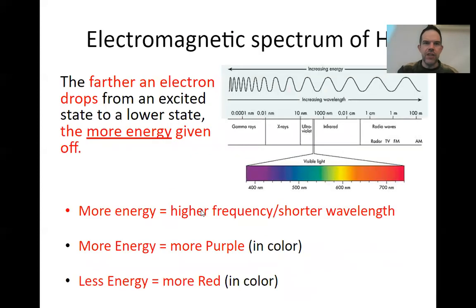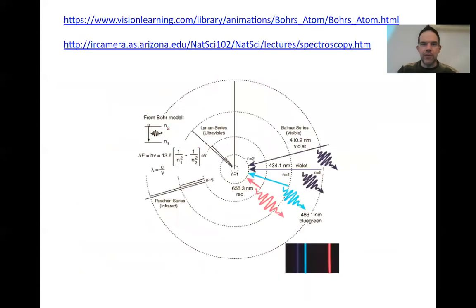Okay, so a couple things you have to remind yourself of. The farther an electron drops, the more energy it's giving off. So the farther it drops, the more energy. For example, in this picture, a drop from here to here will be a ton of energy. A drop from here to here, just a little bit of energy.